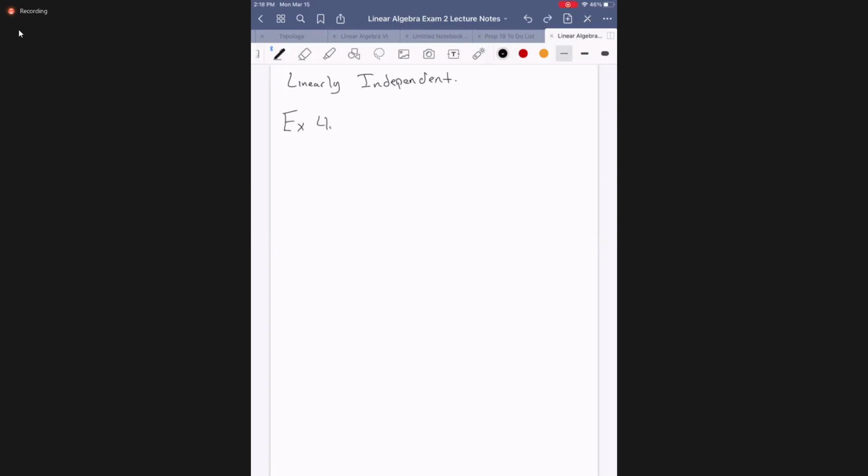Let's say S equals the set 1 plus x minus 2x squared, 2 plus 5x minus x squared, and x plus x squared. Remember, now we're considering these things to be my vectors.